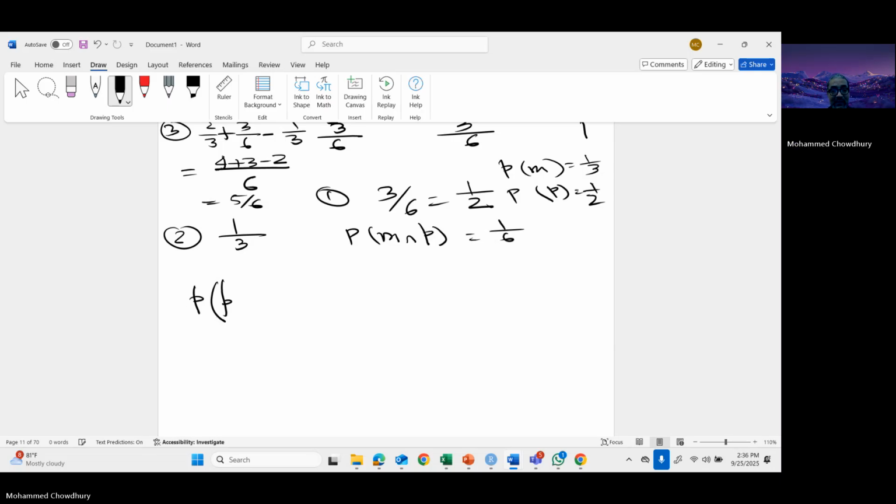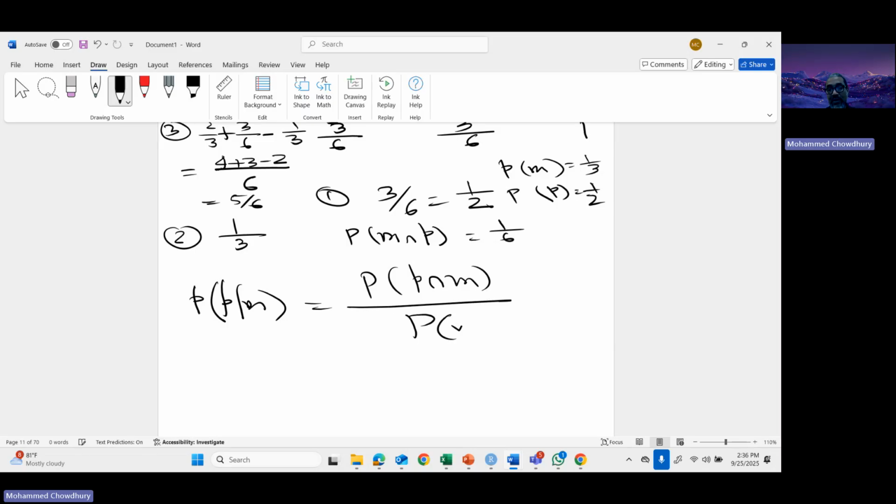Player, given that he is a minor, so I can find here the probability of player and minor divided by the probability of minor.